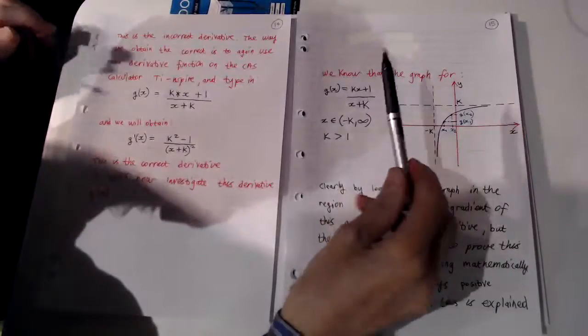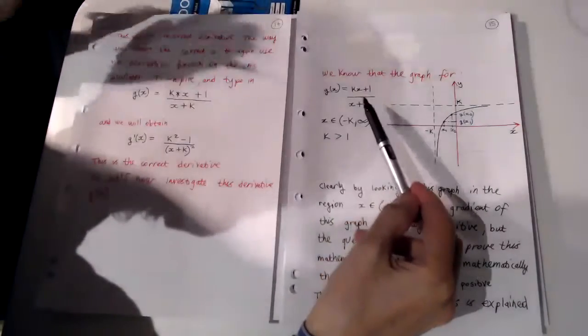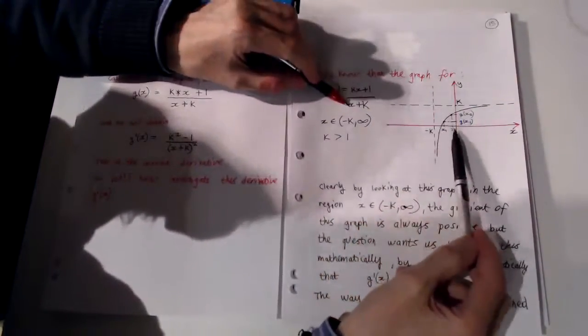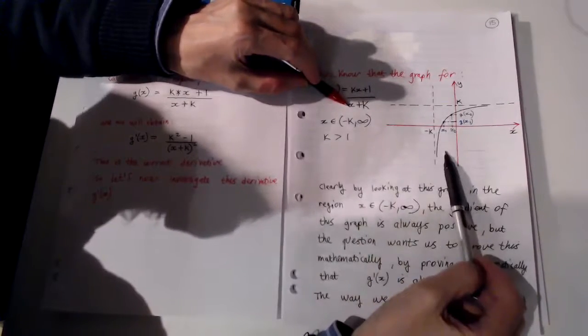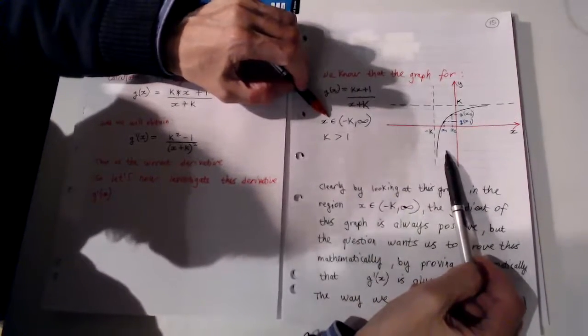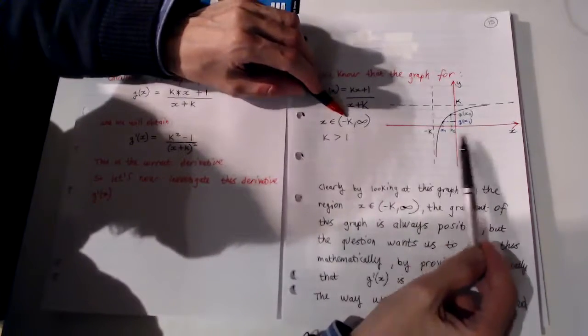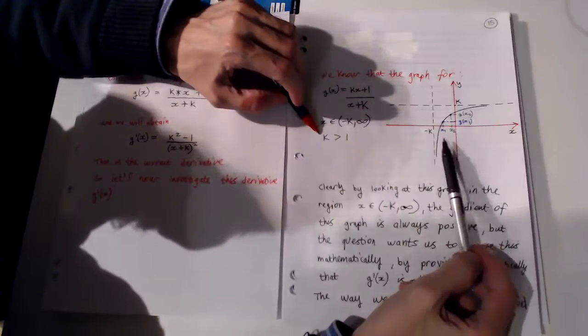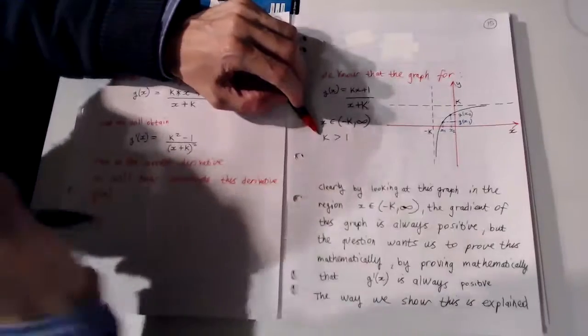We know that the graph for g(x) equal to (kx + 1)/(x + k) looks like that, where, like the question says, x is between negative k and infinity, and where k is greater than 1.